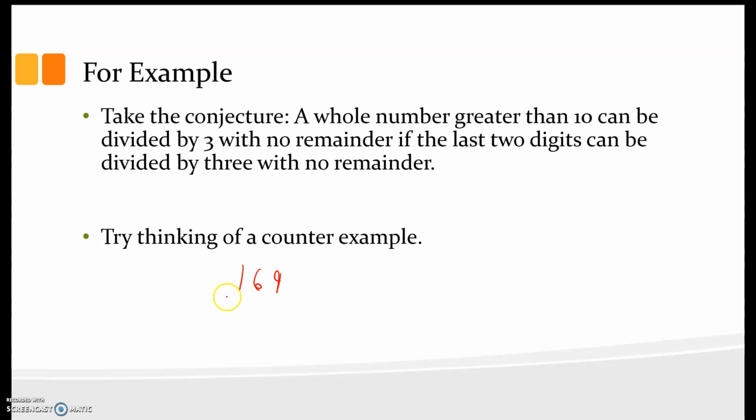And so if we try to divide 169, we end up getting 56.3 repeating. So it is not divisible by 3. So this was a counterexample. So we know that the conjecture is false, and we do not need to come up with any more examples because we already proved that it is false.